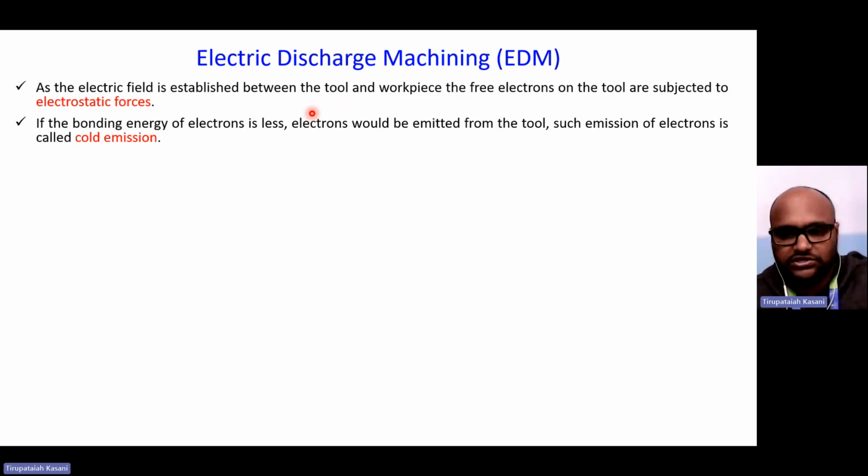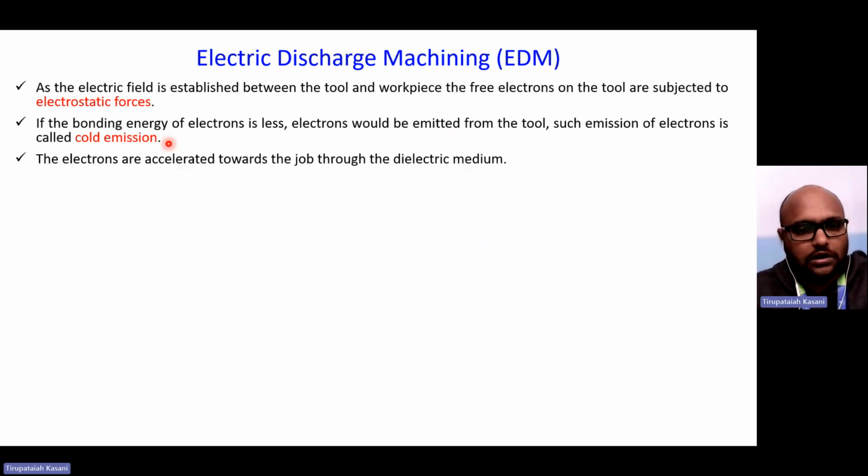The in-between space will be occupied by the dielectric medium. Such emission of electrons is called cold emission. Due to cold emission, there is no spark generation, because there is no movement of the ions from one end to the other, from positive to negative or negative to positive.